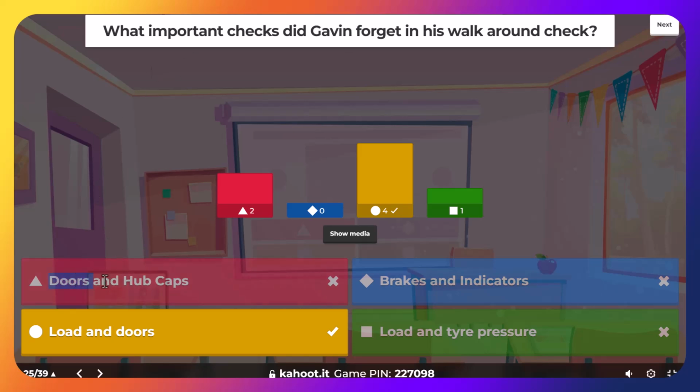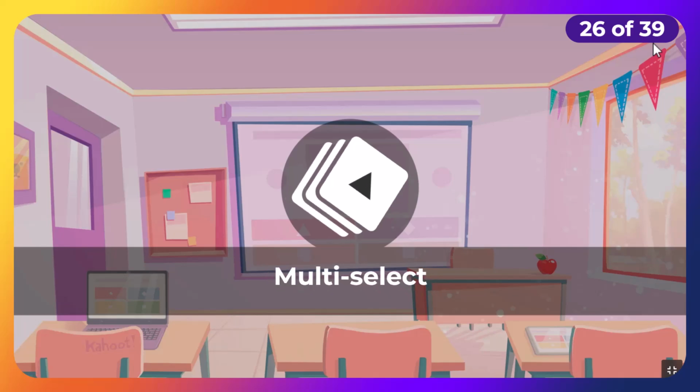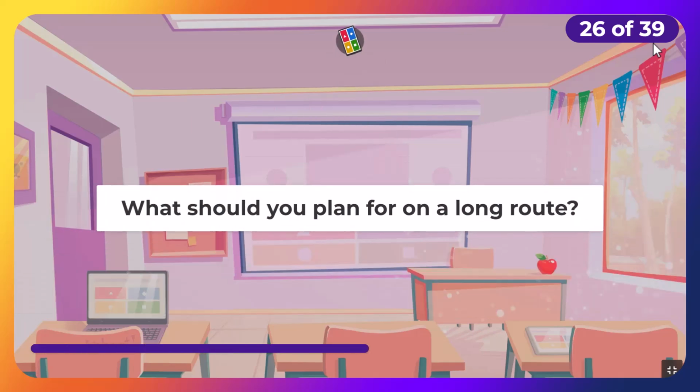The doors are definite, but there was no mention of hubcaps, was there? And hubcaps are not part of your walk around, are they? No. We'll get into that in more detail later. Loads and tyre pressure. Well, you would look at tyres and load. That's not bad. There's no mention of tyre pressure, was there? No. Can't remember that. But you're not going to get that specific question anyway.